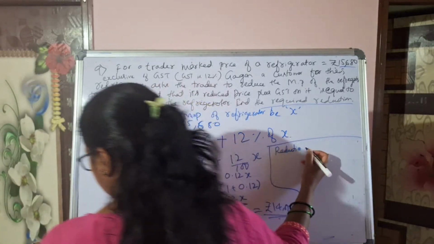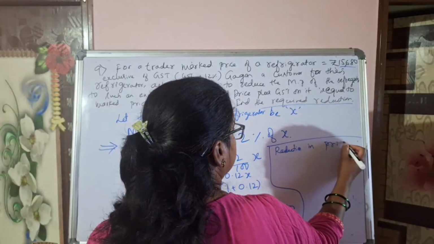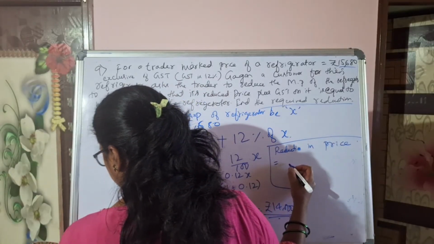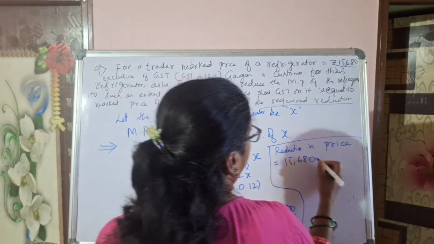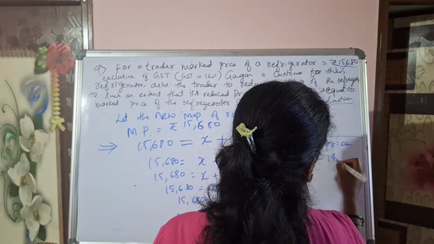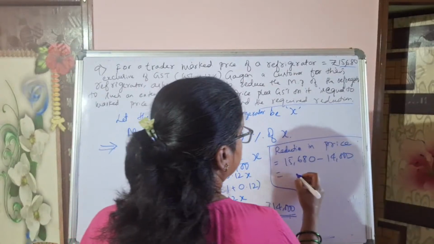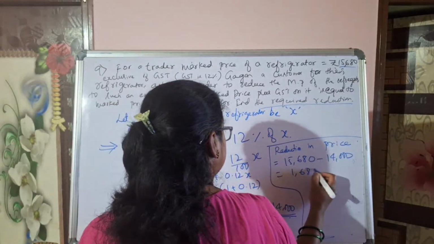Reduction in price is equal to 15,680 minus 14,000, which is equal to 1,680.